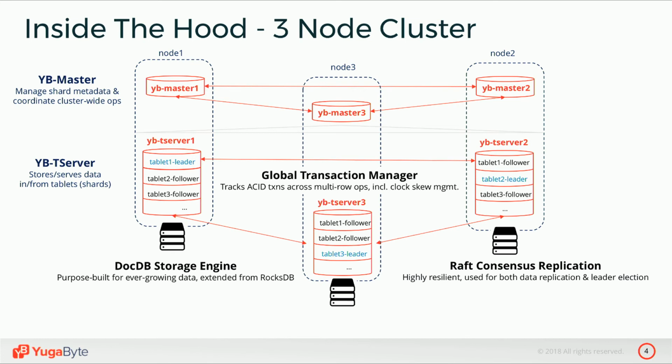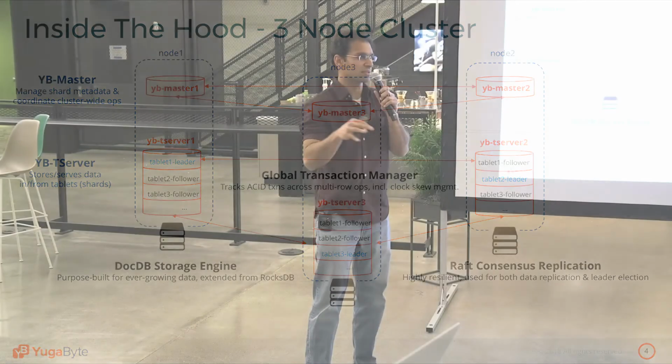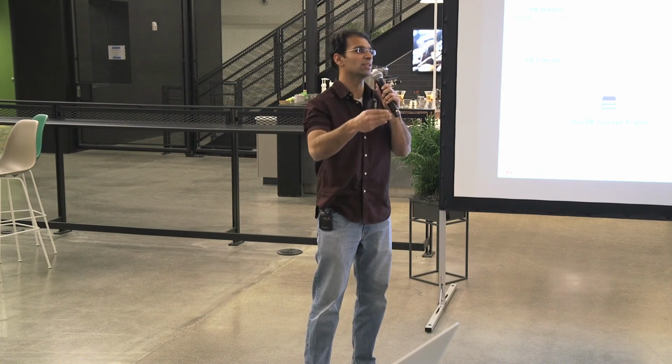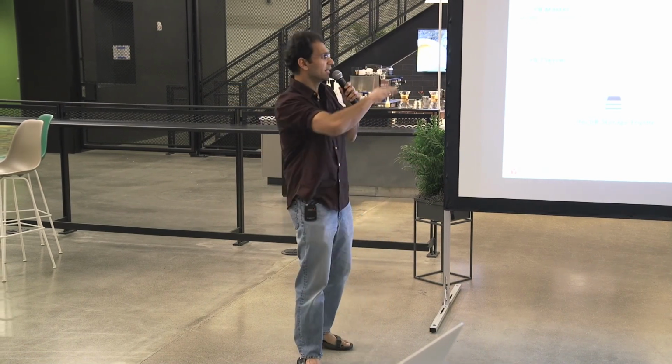It uses Raft-based replication to maintain consistency of data across different nodes. And on top of that, it has a distributed global transaction manager for you to perform single-row as well as multi-row transactions. So you can build secondary indexes and other useful constructs on top of this diagram.